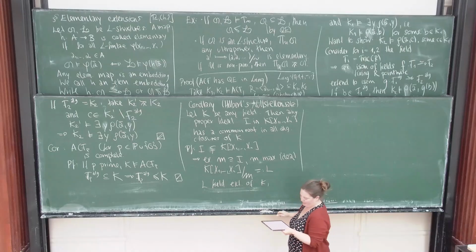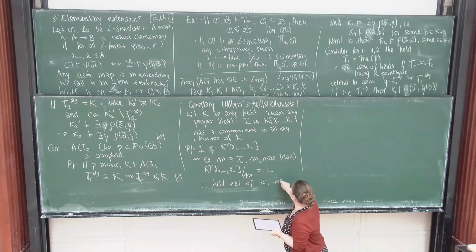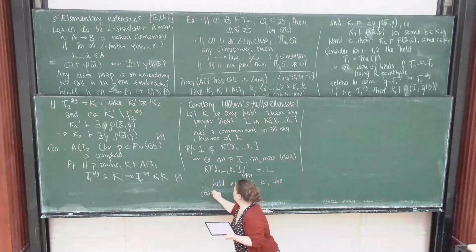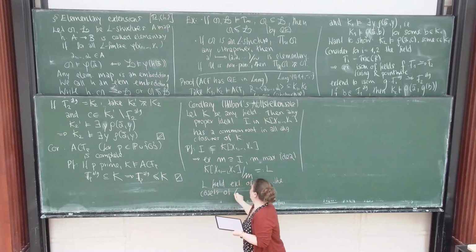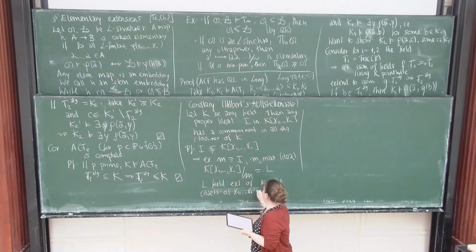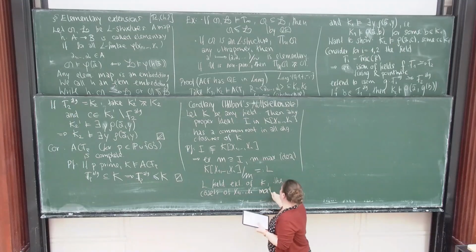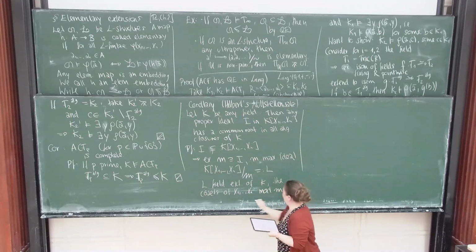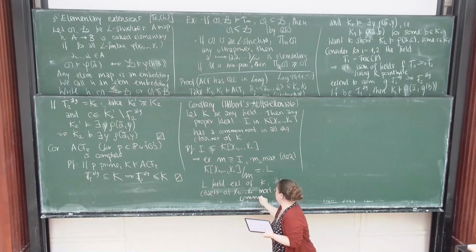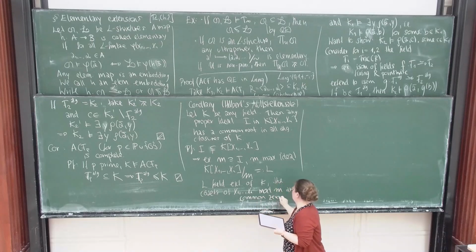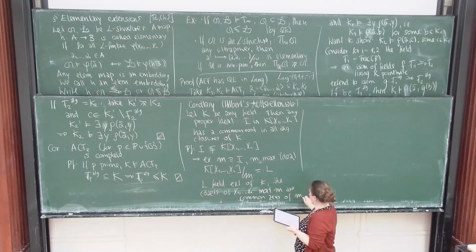So let's say the cosets of x1 up to xn modulo m are a common zero of m.